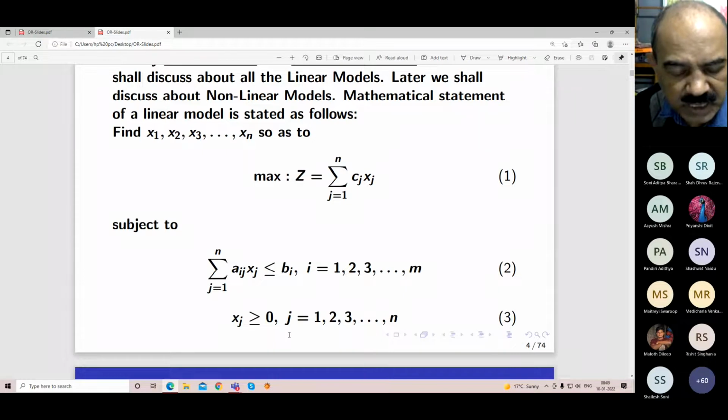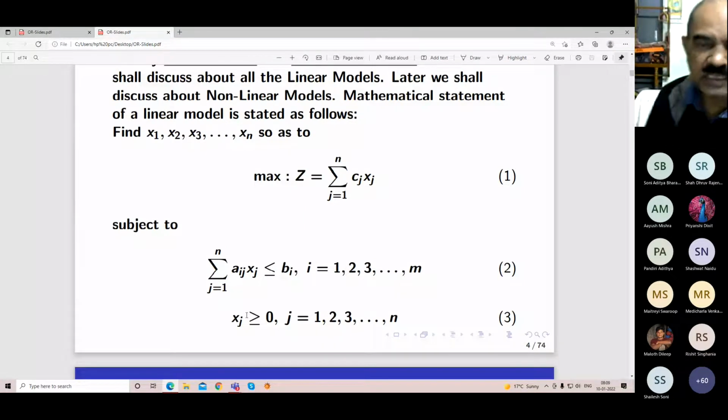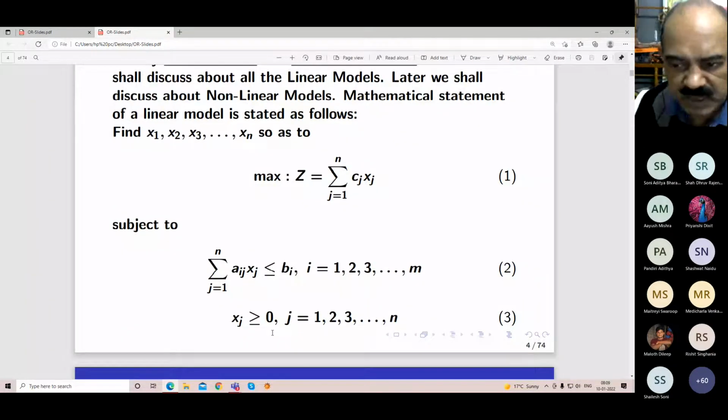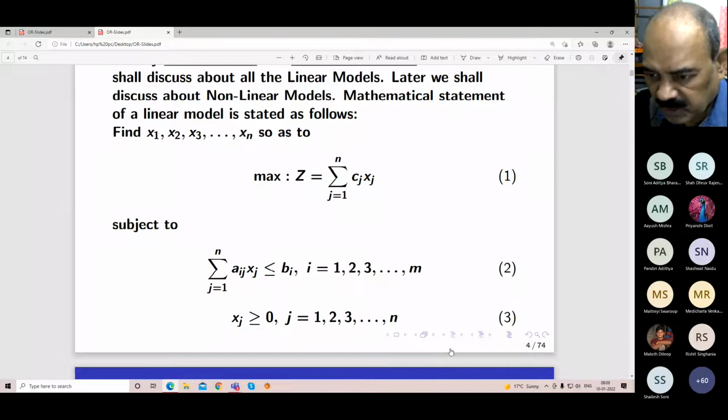Here the decision variables are non-negative. They can take integral, decimal or fractional values, but they cannot take negative values. This is the model we like to discuss and solve in linear programming.